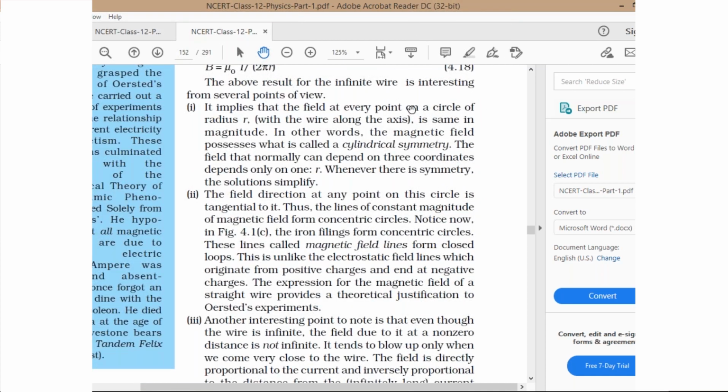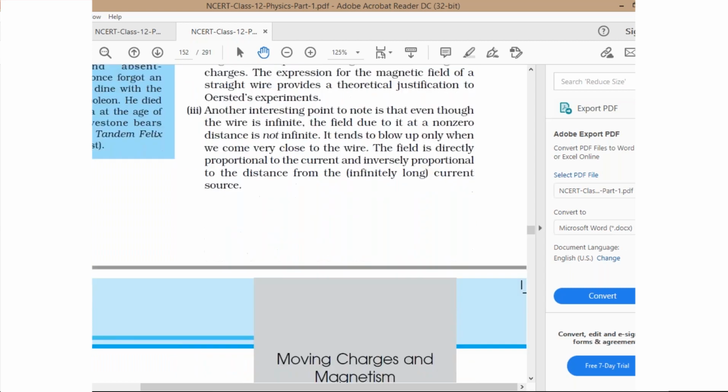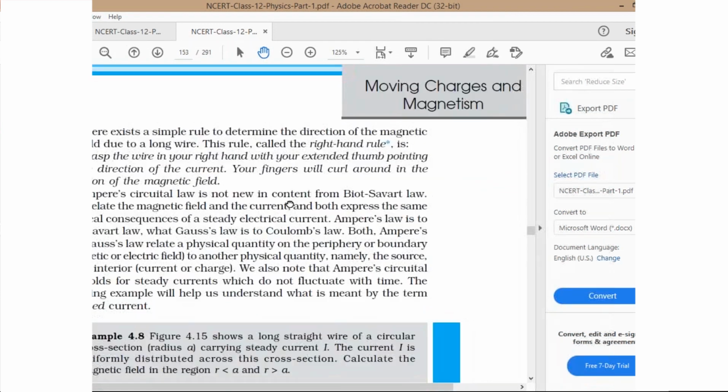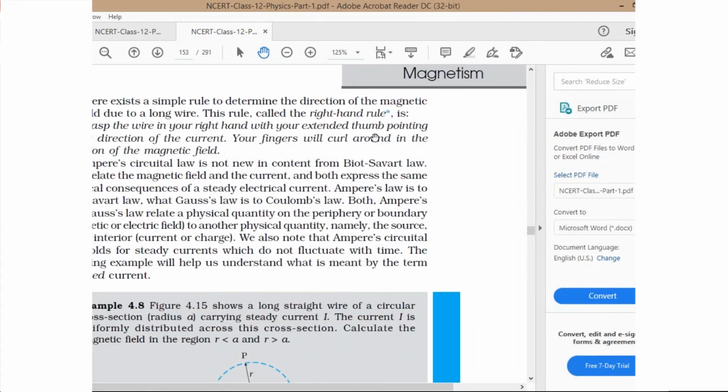It implies that the field at every point on the circle of radius r is the same in magnitude. In other words, the magnetic field possesses what is called cylindrical symmetry. This also I have told. So I think I told all the points.